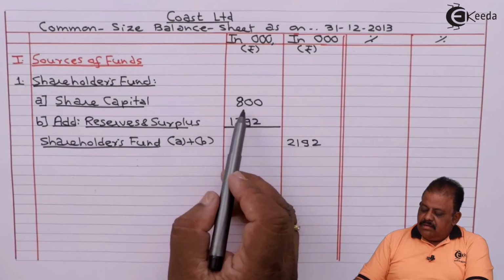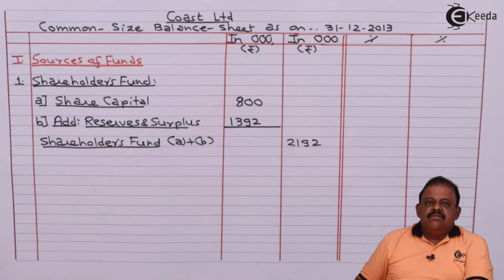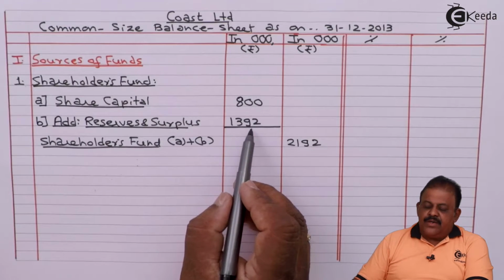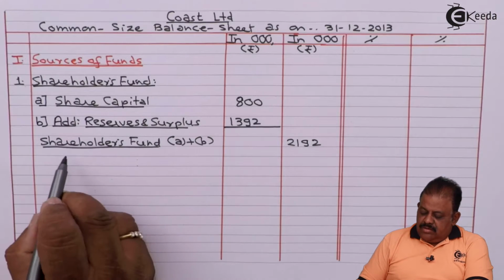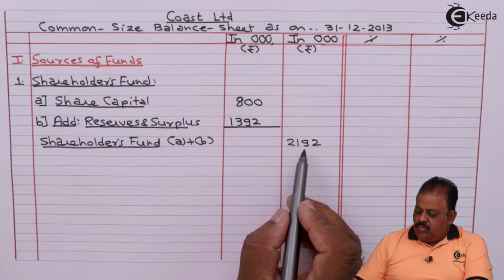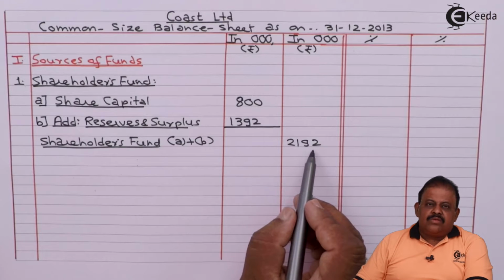Share capital 800,000, add reserves 1,392,000, total shareholders fund 2,192,000.